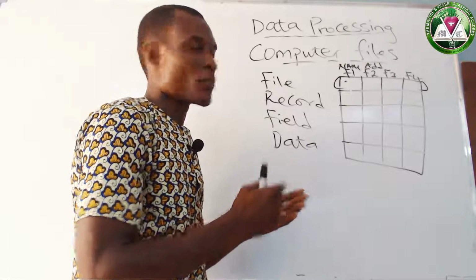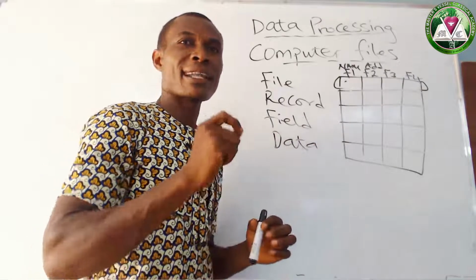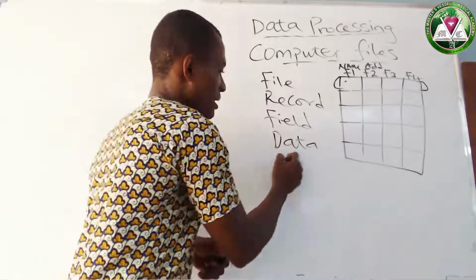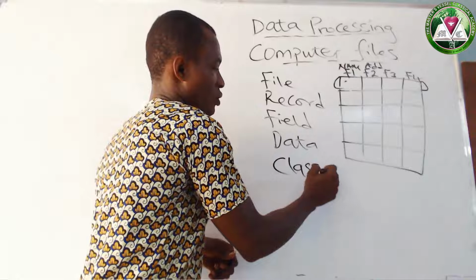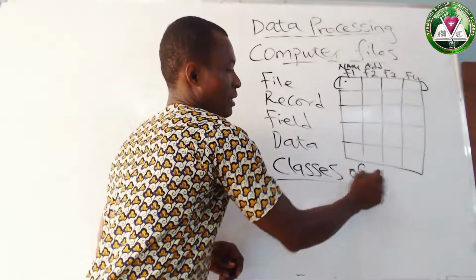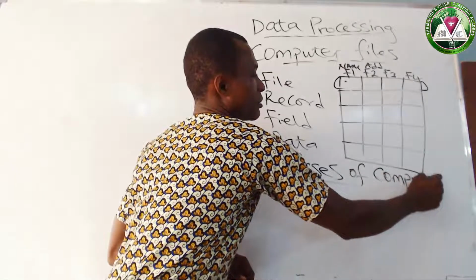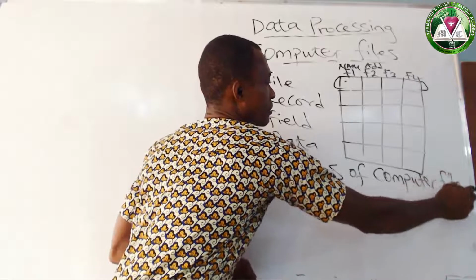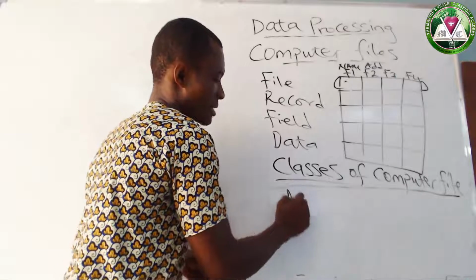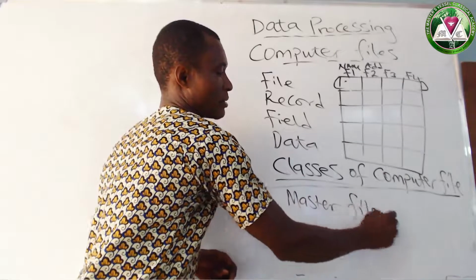Do you understand? Okay. Now, when you have computer files, there are classes of computer files. Computer files can be classified into some classes. The first one is master file.